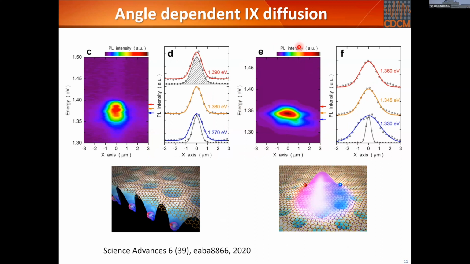I cropped the labels. This is actually a 1 degree twist angle sample. Within the optical diffraction limit, we cannot observe any diffusion behavior. So this is our picture of how they are basically sitting at the bottom of the potential. But when we increase the twist angle, we start to observe the spatial diffusion behavior from these excitons.